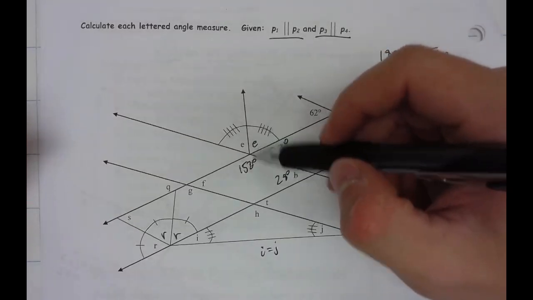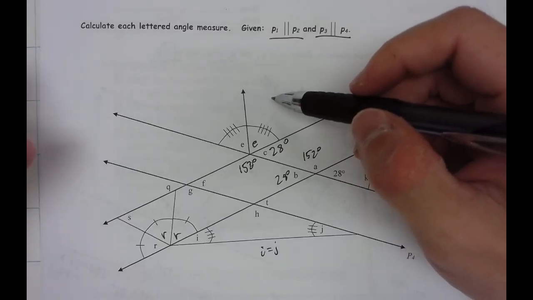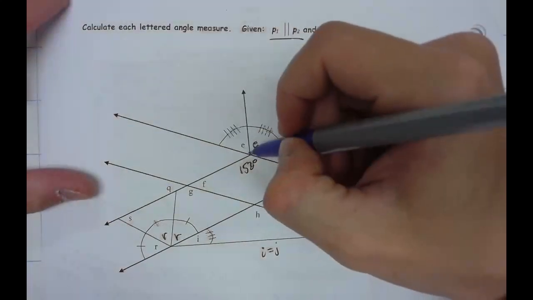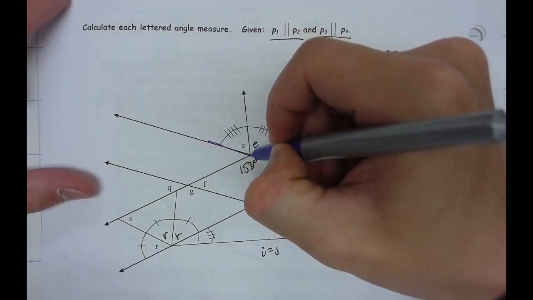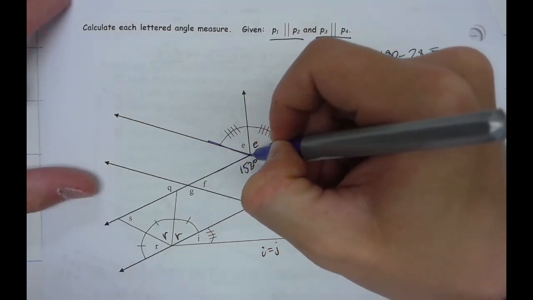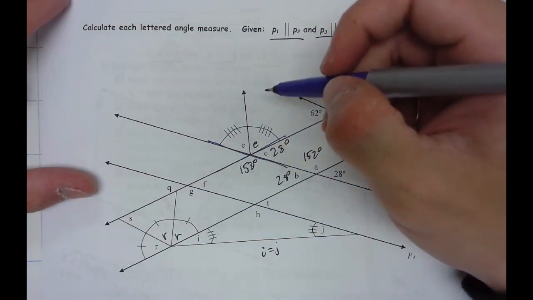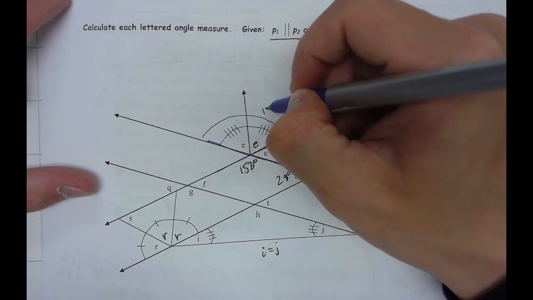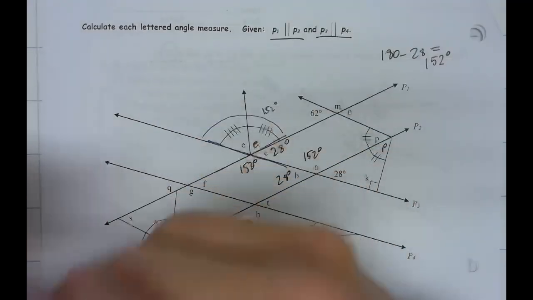Now E is our first little tricky, well maybe not tricky, but you just have to think about it. So I know that this angle in purple and this angle in purple are a vertical pair. So that means this whole angle here is 152 degrees, shown in purple.